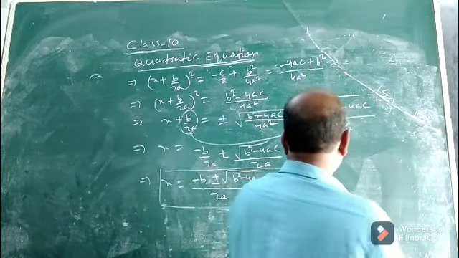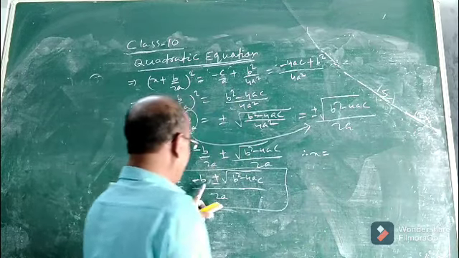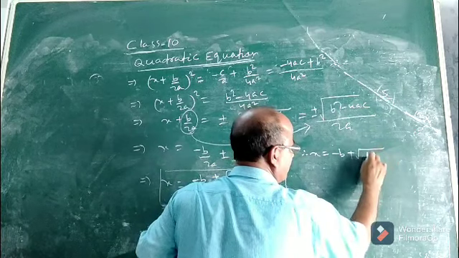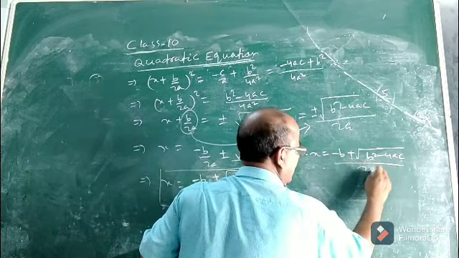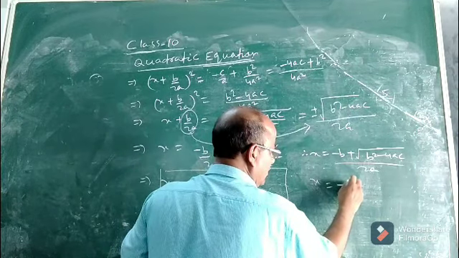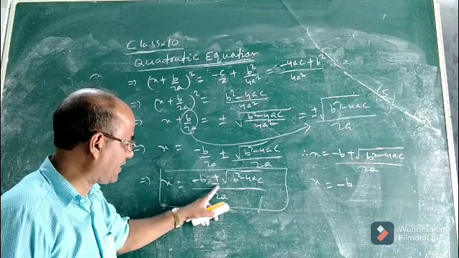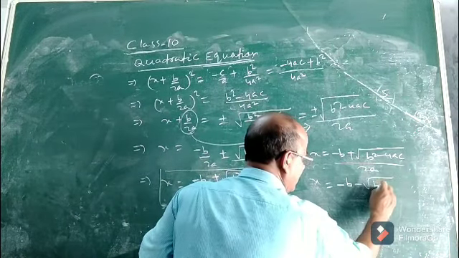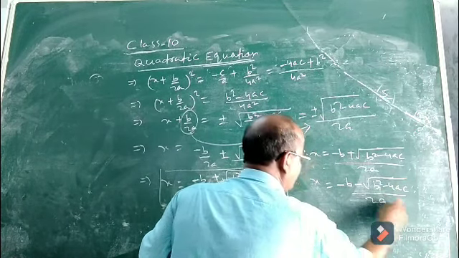Therefore, x will be equal to minus b plus square root of b square minus 4ac divided by 2a, and x is also equal to minus b minus square root of b square minus 4ac divided by 2a.